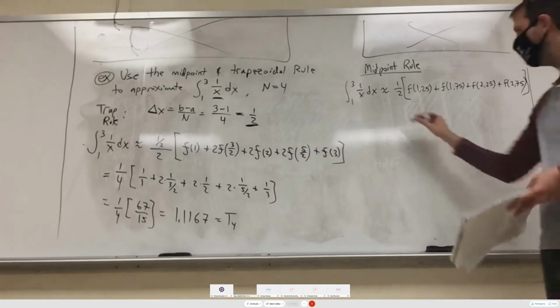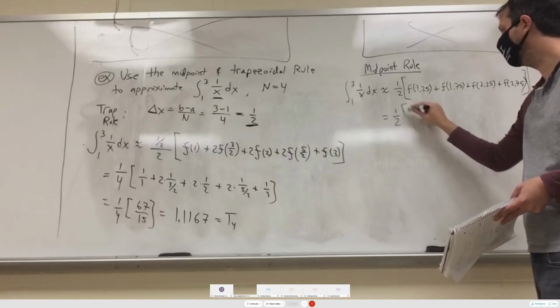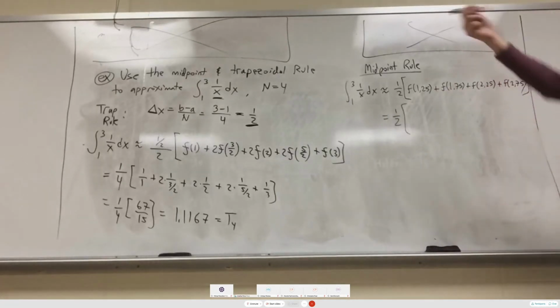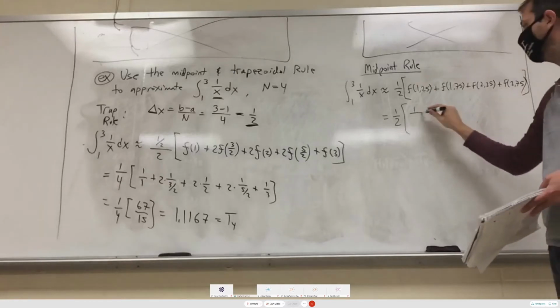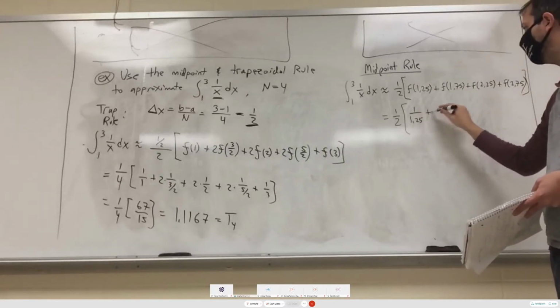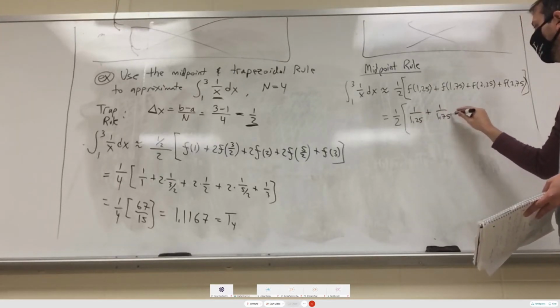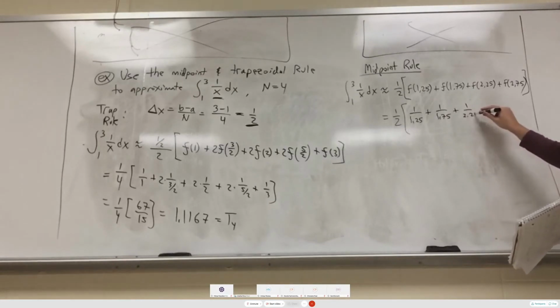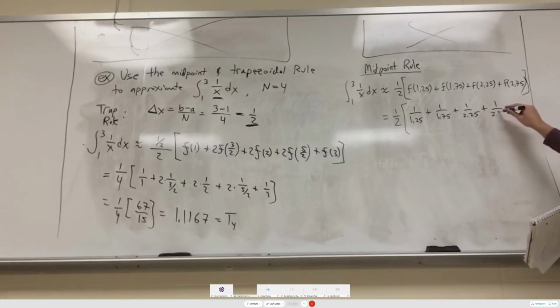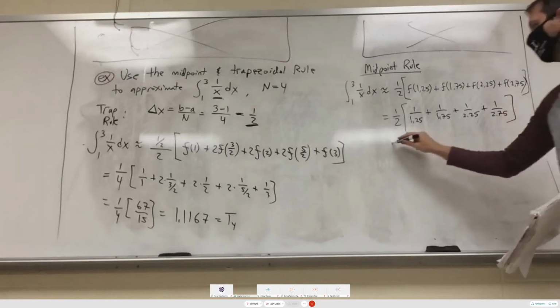And then that would equal 1/2 times, evaluating all these things in the function, 1 over 1.25 plus 1 over 1.75 plus 1 over 2.25 plus 1 over 2.75.